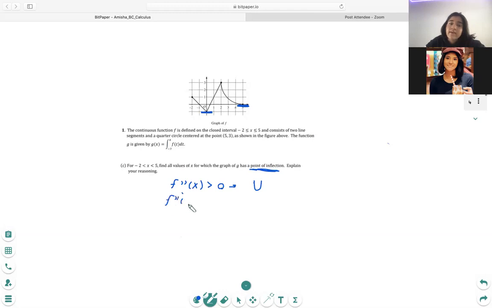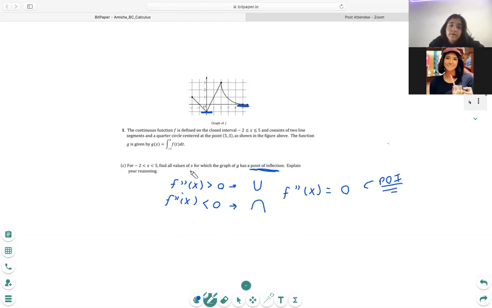And if f double prime of x is less than 0, it will be concave down. And the other case is that if f double prime of x equals 0, we have a POI. This is the condition that we are concerned about in this question.